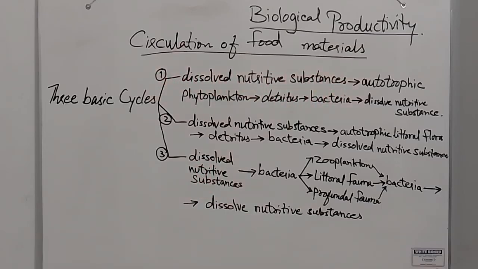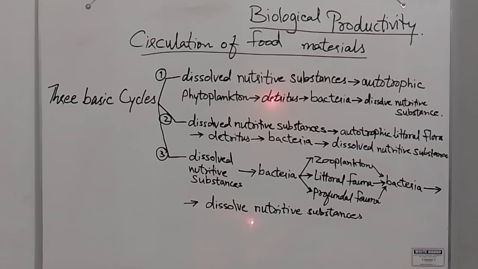For example, in the first cycle we can observe that dissolved nutritive substances are used by autotrophic phytoplanktons. Those are present in the uppermost layer, the limnetic zone of the lake. They use dissolved nutritive substances, and after their death or after their maximum time period they convert into detritus.